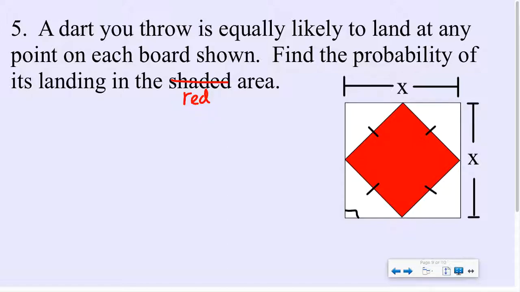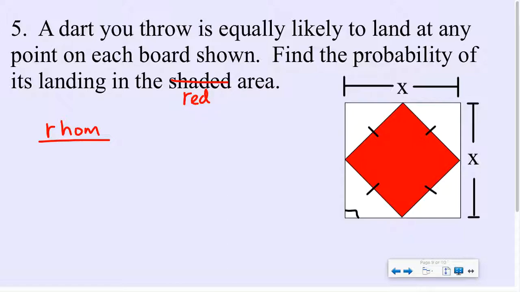What kind of name could we give that red polygon? A rhombus, because it has what? 4 equal sides, and I don't know for sure if it's a square because there are no what? Right angles. Good. So we want it to land in the rhombus, but it could land anywhere in that dartboard.